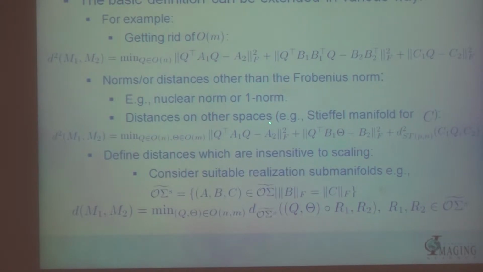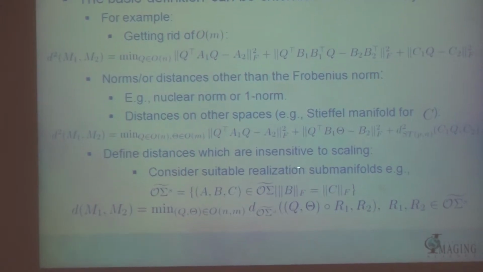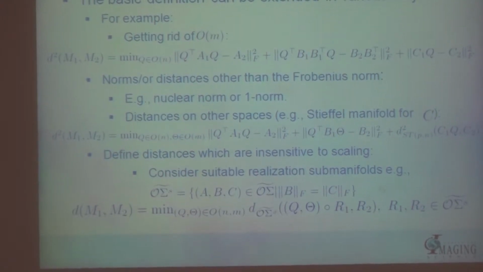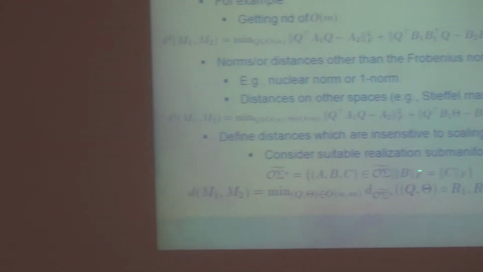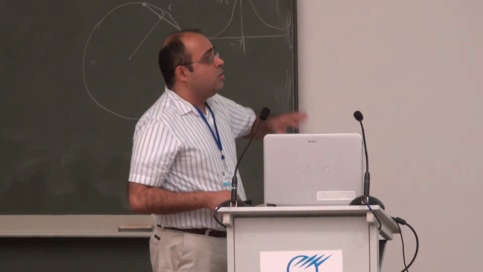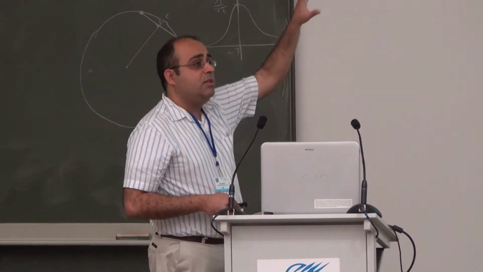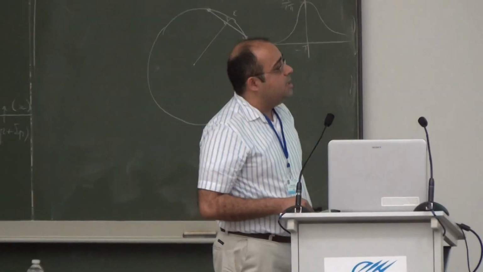For example, you can also use norms from the Stiefel manifold in the C part. You can do a bunch of other things. You can, for example, try to define distances which are insensitive to scaling. For example, you can force the norm of B and C to be equal and then define the distance there. Again, you will go to a submanifold of realizations in the top space and then try to align the realizations.